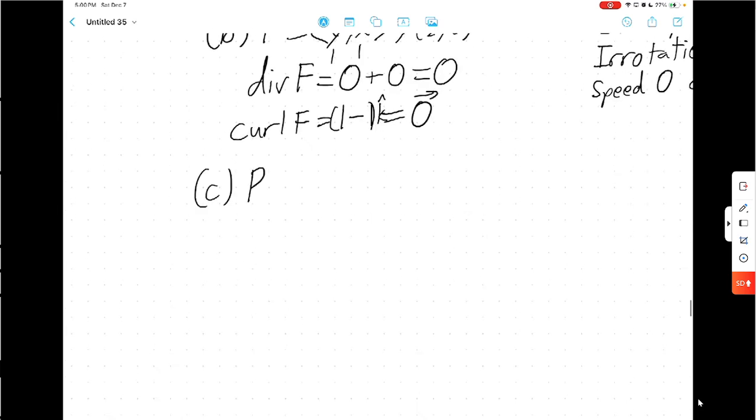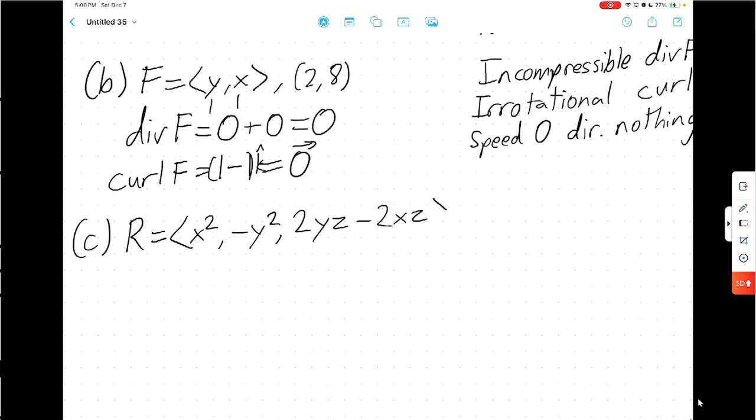Alright, C. R is equal to x squared, comma, negative y squared, comma, 2yz minus 2xz at the point 3, 1, 2.